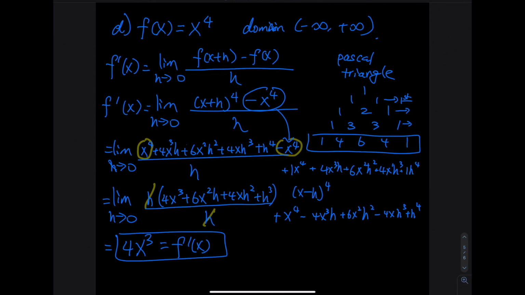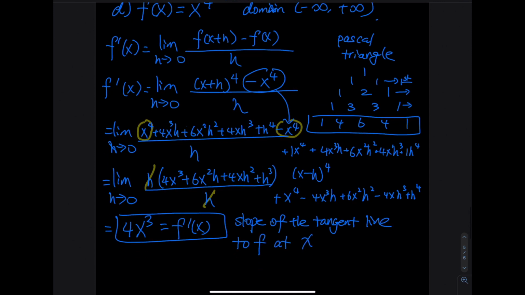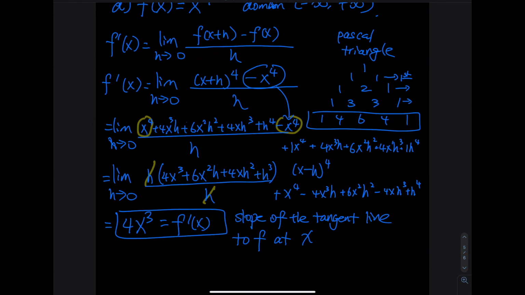This is called the slope of the tangent line to the function f at any x value. Now, let's test the prime. You give me a point. So let's say x is equal to 1.